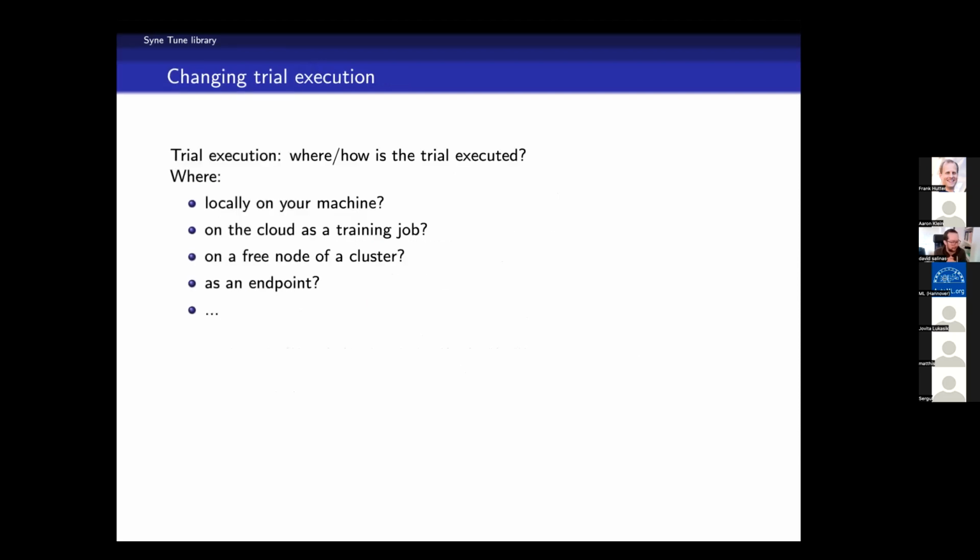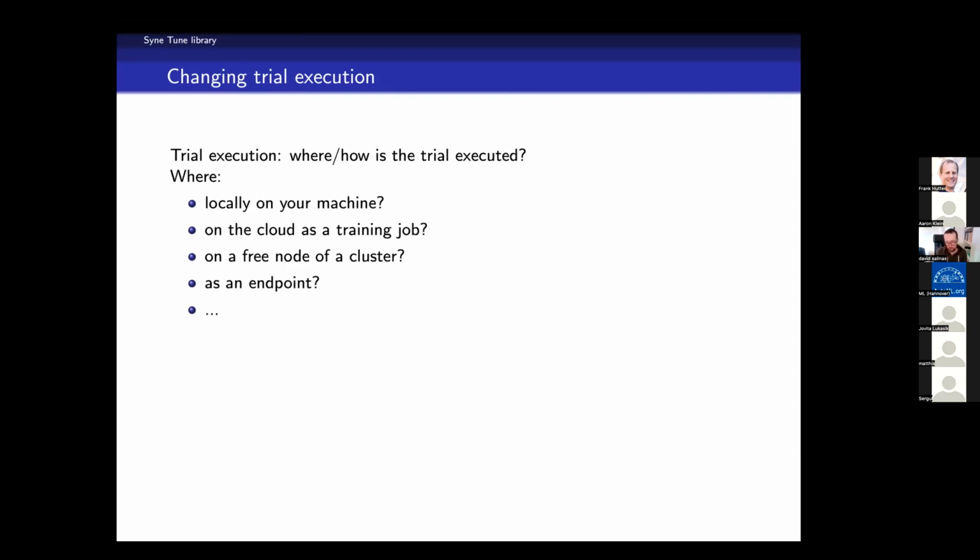Okay, so I'll talk about changing trial execution. I'll try to motivate why it's important. Basically, when you want to run a tuning, an HPO job, there can be many scenarios, right? Maybe you want to run on your machine, or on your local cluster, or on the cloud.